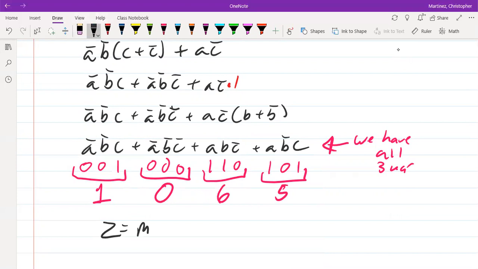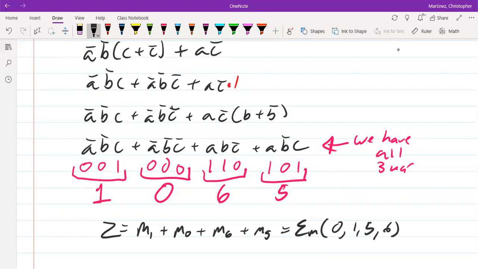The first term is m1 plus m0, little m's, plus little m6 plus little m5. So I can say it's a summation of, and let's just put these in numeric order, 0, 1, 5, and 6. So we can always add in the extra terms that we need to get to the three variables.